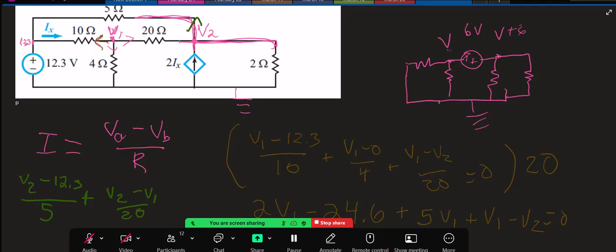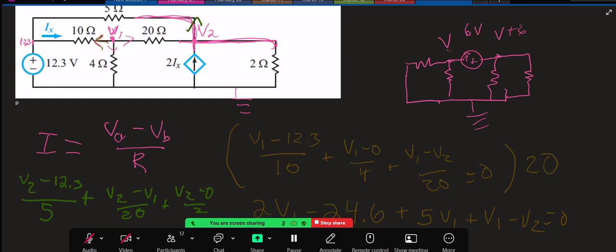Now I often get a question: don't you have to worry about the stuff on the other side? Well, stuff is happening there. That is all true. But I'm just trying to measure the current right there. And the current between any 2 points is the difference in the voltage of those points over the resistance in between them. So I've gotten the value of that current. And then to the right, I have V2 minus 0 over 2, because that's ground.